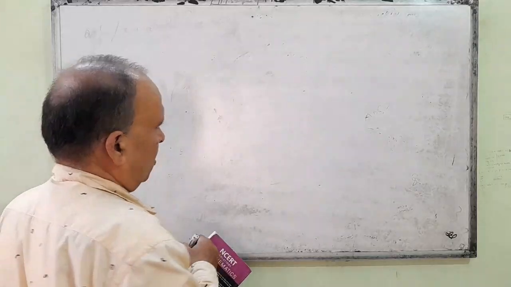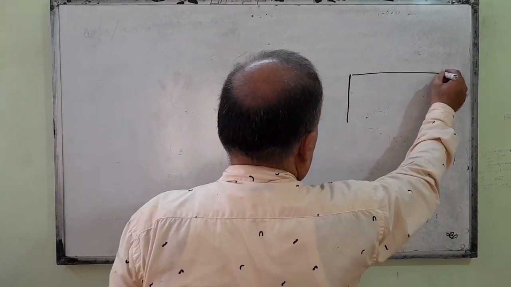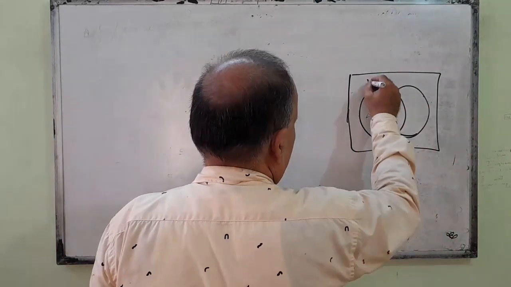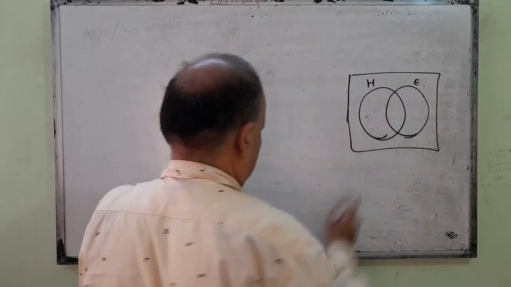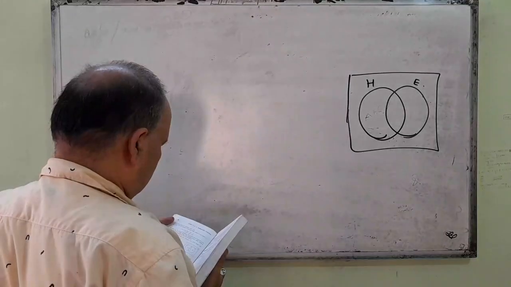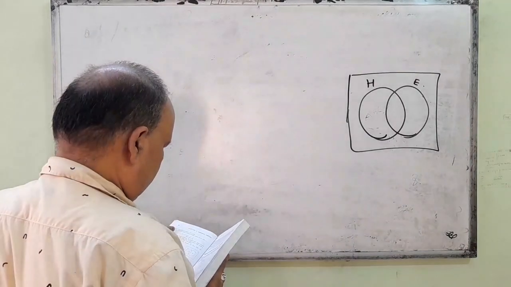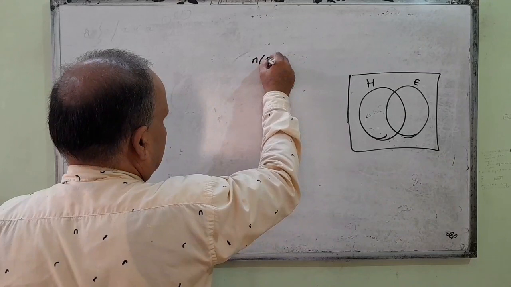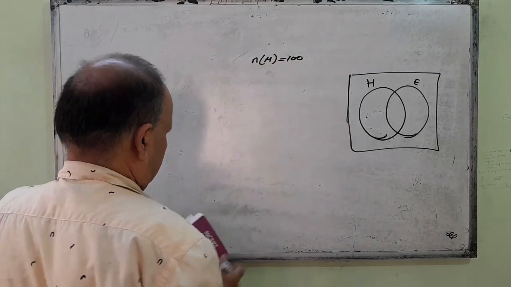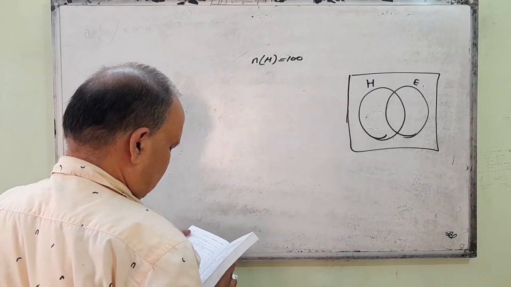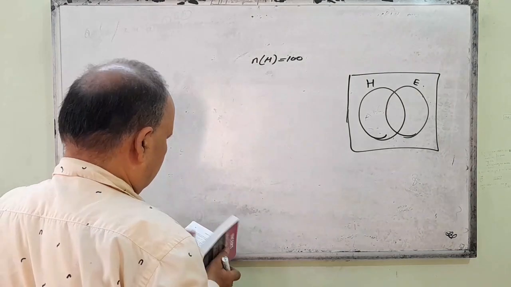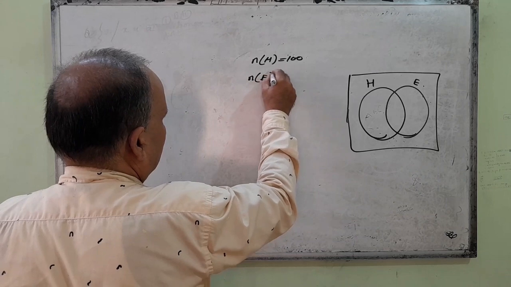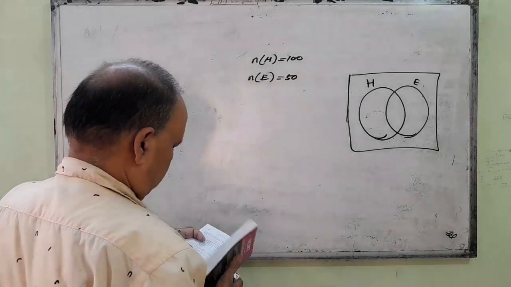You see, suppose this is the universal set, this is your Hindi set H and this is your English set. In a group of students, 100 students know Hindi. So order of H is equal to 100 and 50 students know English, order of E is equal to 50.